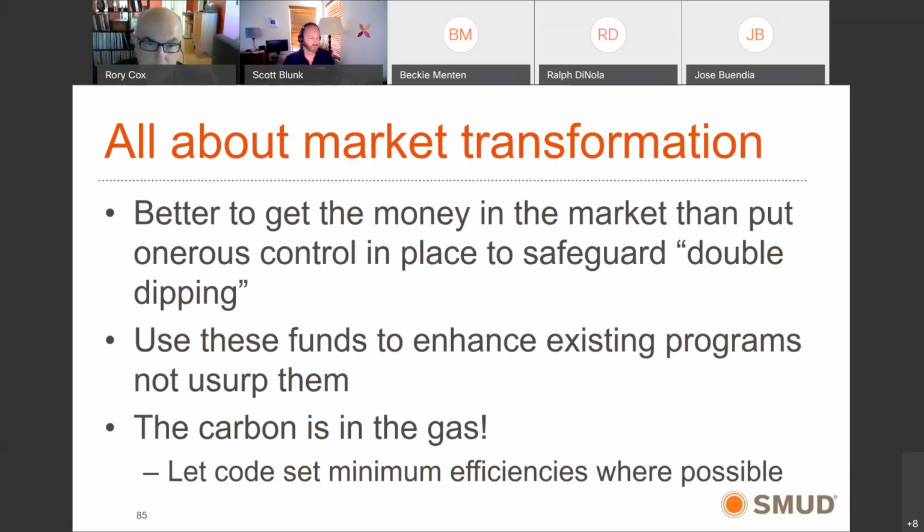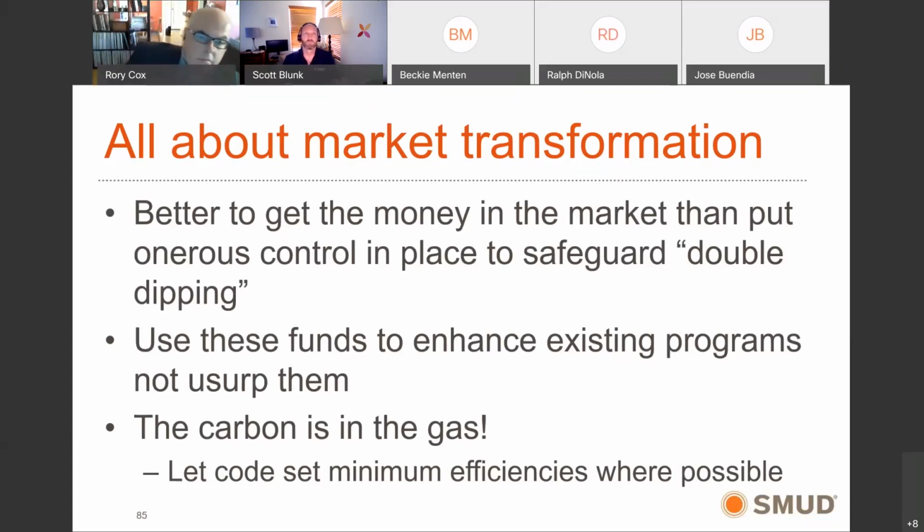Like Becky said about the solar water heating funding that originally came out, let's get it out there and adjust as we go. We can improve upon the program, but let's not slow anything down. Ideally, these programs will come in to enhance existing programs, not replace them. Another slide is going to have a couple of concepts on how they can augment and not replace.